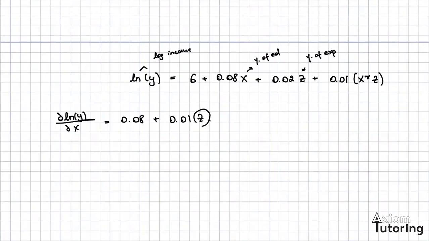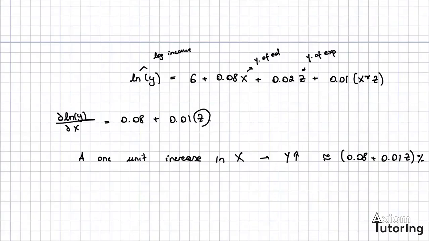And a 1 unit increase in x, meaning years of education, is associated with y changing approximately, or increasing approximately, 0.08 plus 0.01z%.